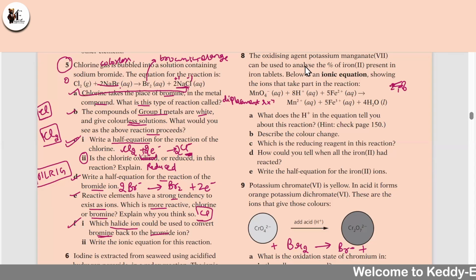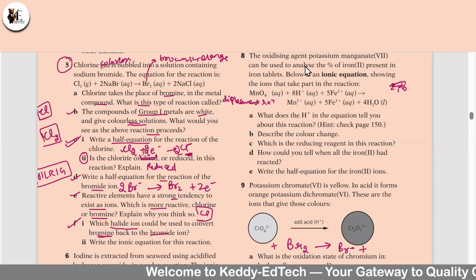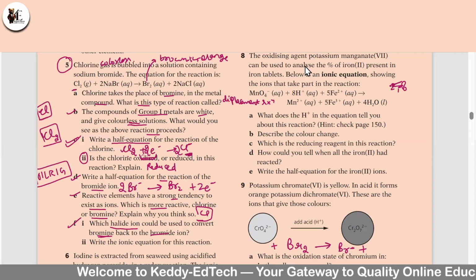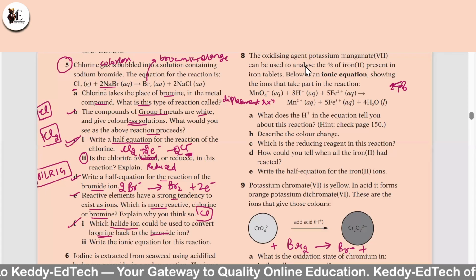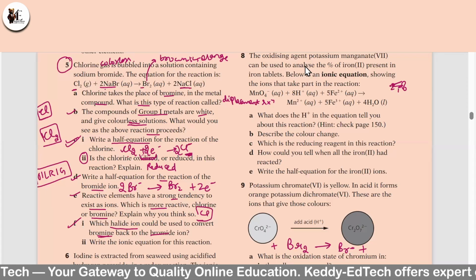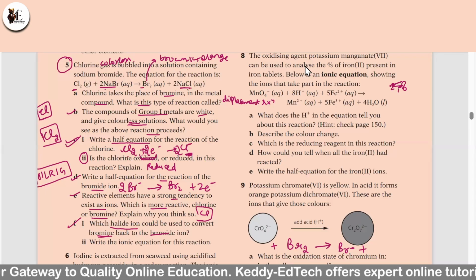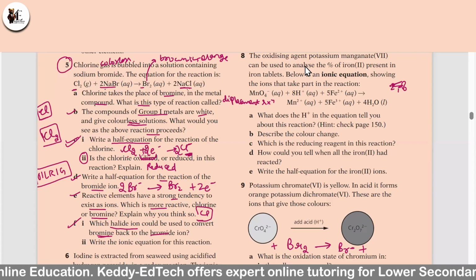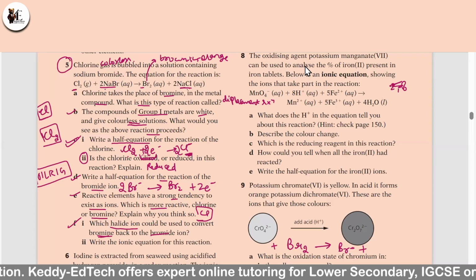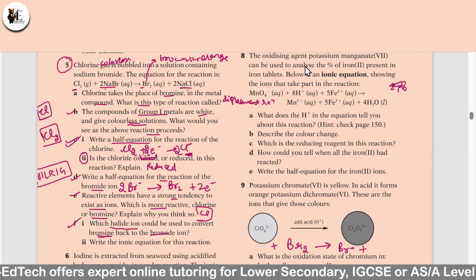You have to see the reaction in the question. Chlorine reacts with sodium bromide, that means the bromide ion, to form bromine and chloride ion. Now the opposite thing we have to answer here: you have to convert bromine to the bromide ion. So which halide ion should be used?